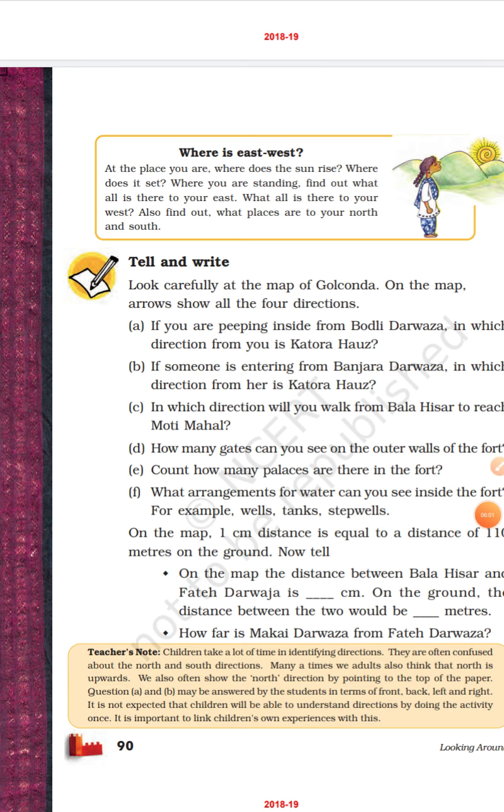Students, this is an activity related to locating places, okay, to locate directions. Because in those days, in olden days, people didn't have Google, right? Google Maps, they didn't have electronic maps, right? They didn't have a compass, okay? They didn't have GPS, a global positioning system. So it would be very difficult to locate places.